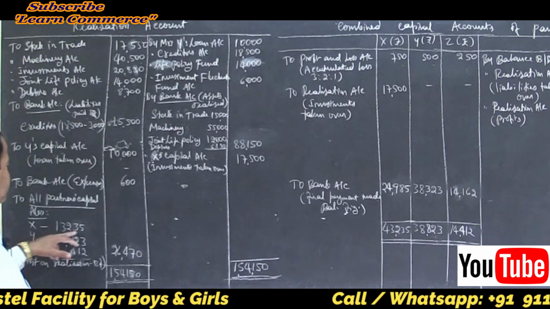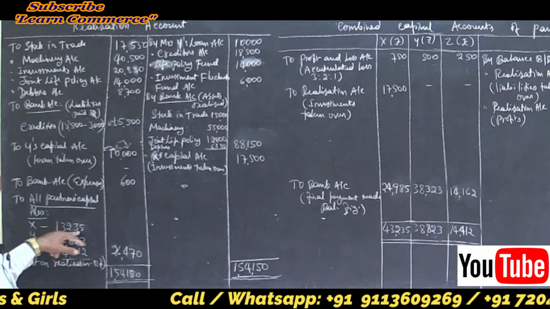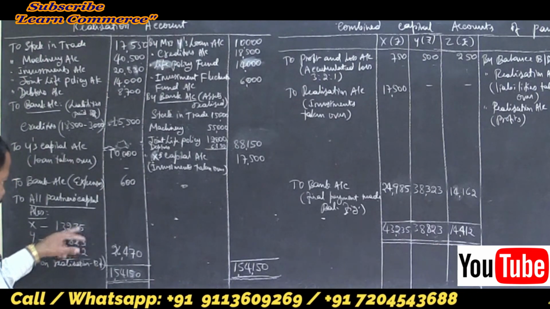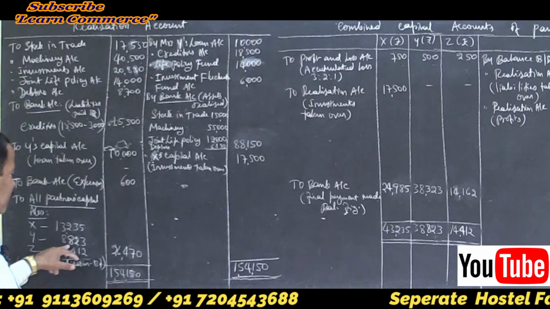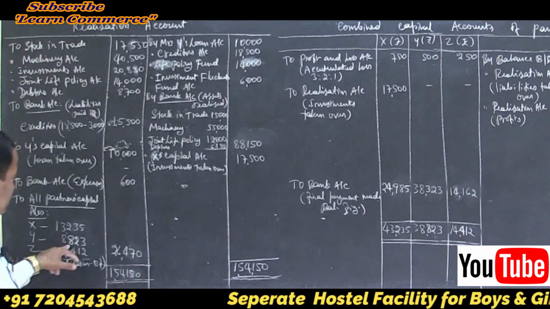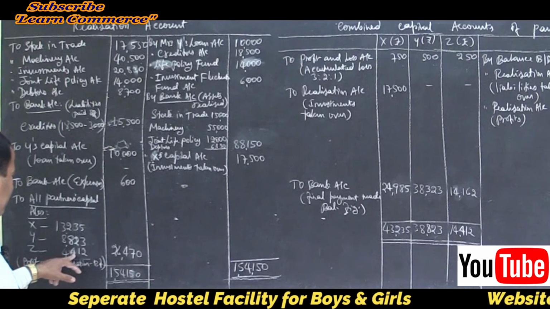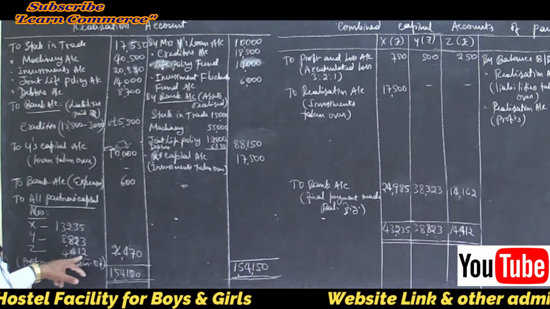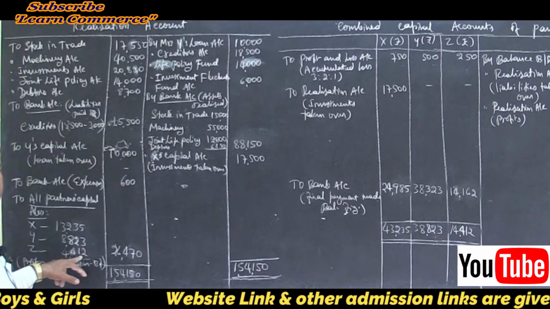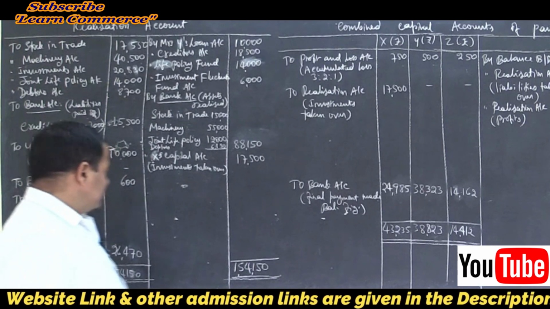Correct it. Distribute it to X, Y and Z. X 13,235, Y 8,823 and Z 4,412. Correct?